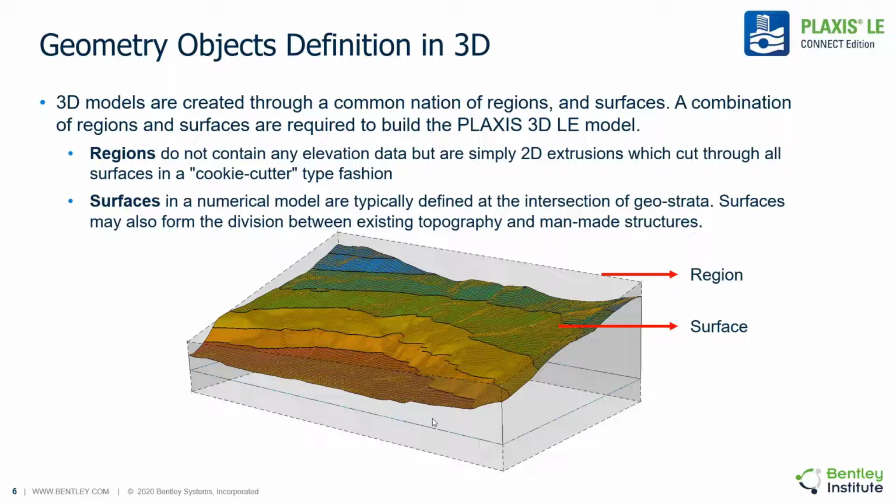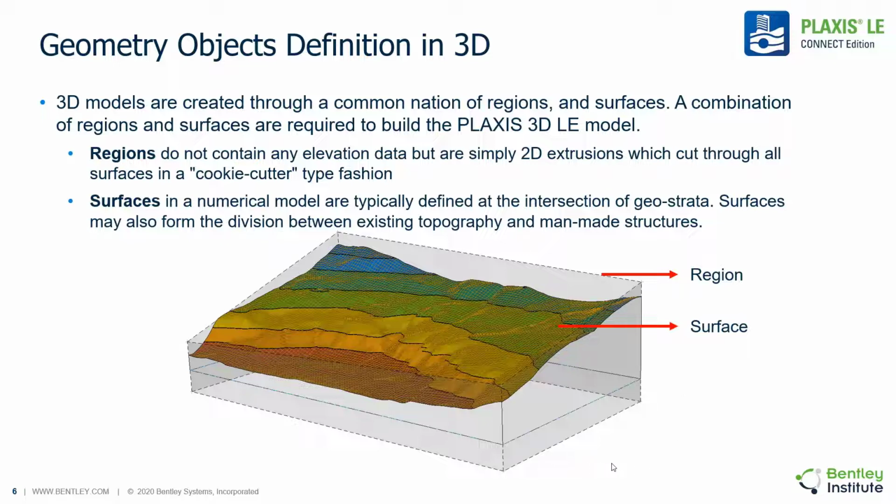A region does not contain any elevation data in terms of Z elevation, but is simply a 2D extrusion which cuts through all surfaces in a cookie-cutter type fashion. We can see a region defined here in this image surrounding the surface. You can imagine that the region is used to limit the model extension in PLAXIS LE.